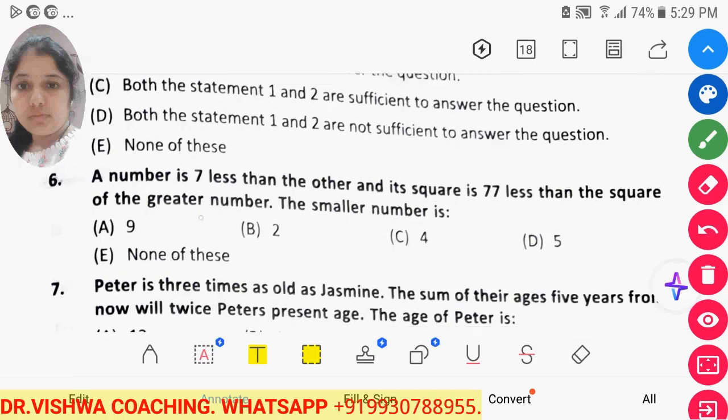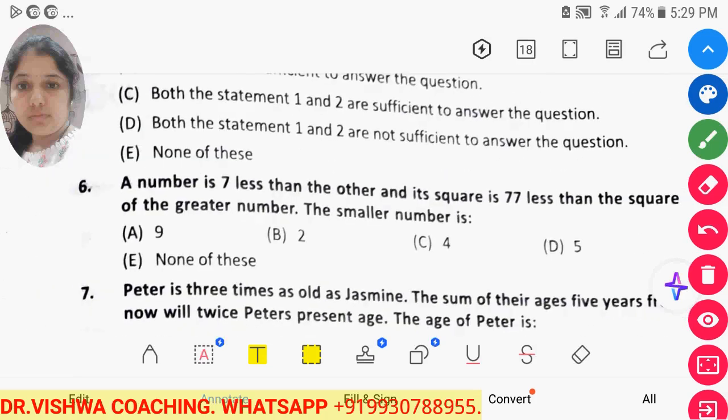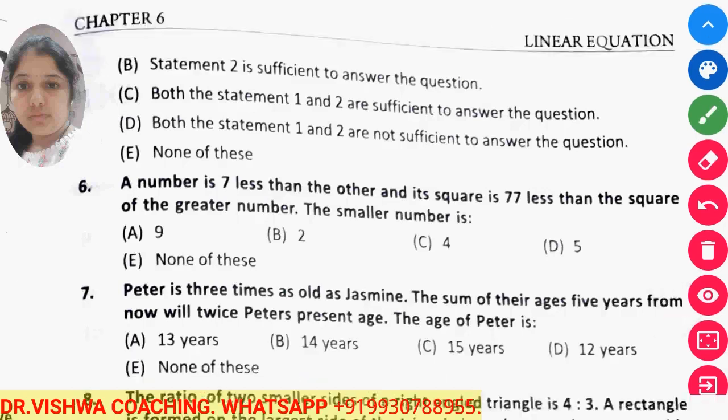Now see, a number is 7 less than the other number and its square is 77 less than the square of the greater number. So the smaller number is? Now see, we have to find the value of the smaller number. So I will assume a variable for the smaller number. So the smaller number will be x.